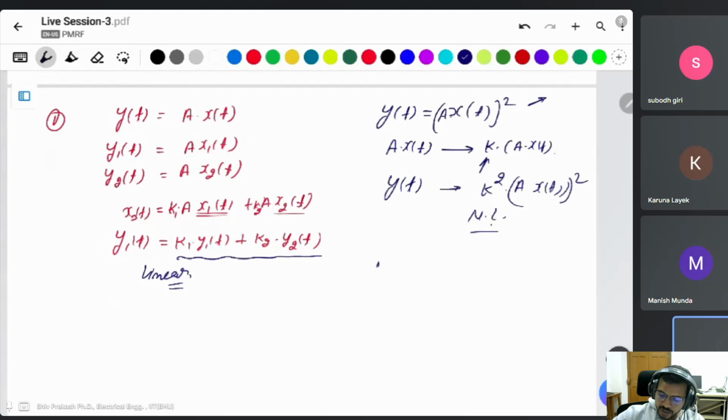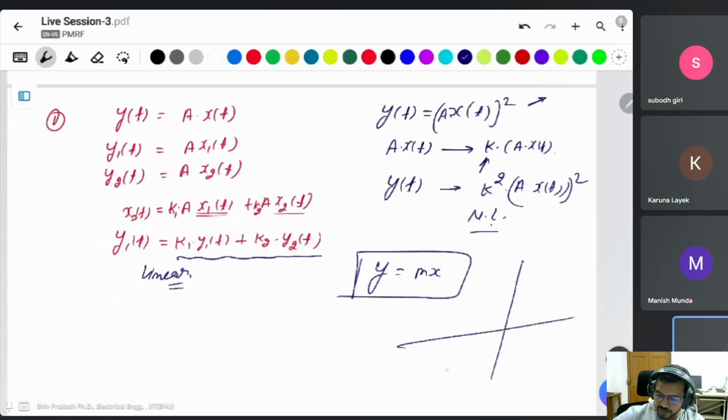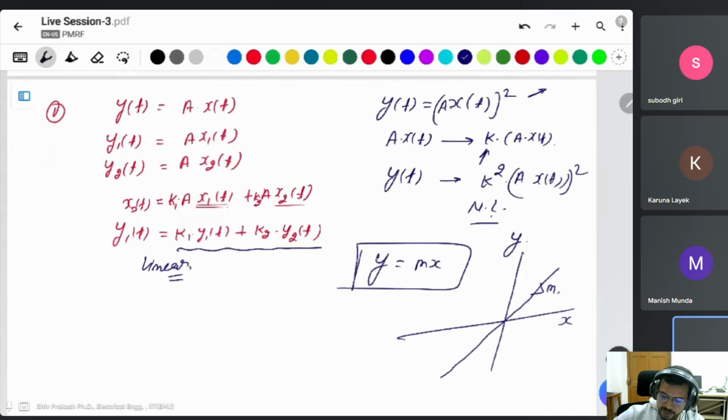In the line you know, y is equal to mx, the system is also a linear system, because the slope is m, but x squared is a non-linear system.